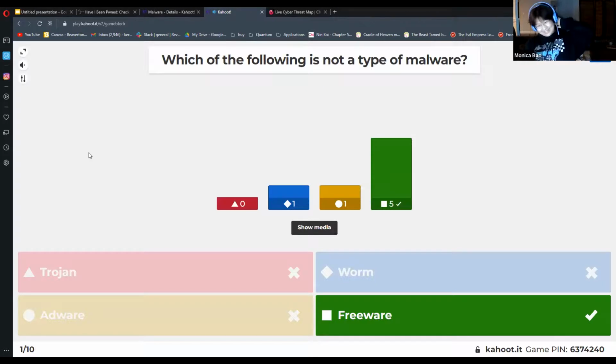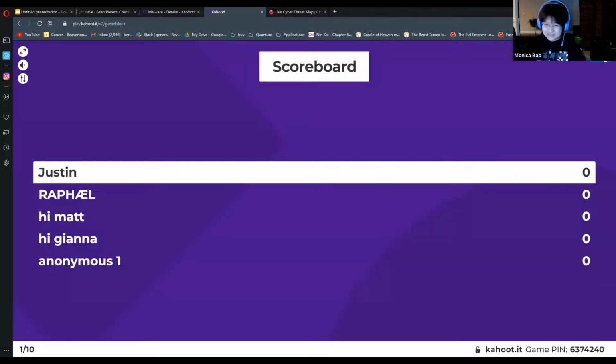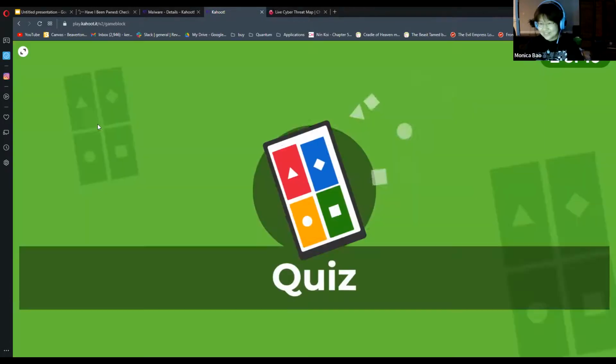Okay, I'm gonna assume the blue was a misclick because I believe in you guys. But yeah, freeware, adware, I think I forgot to mention, so that's kind of on me. But yeah, freeware is definitely not a thing that happens. Sure, okay, let's go.